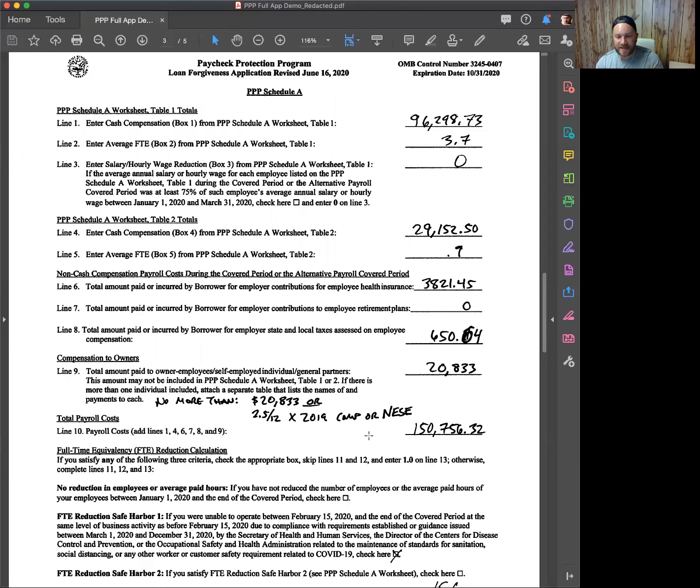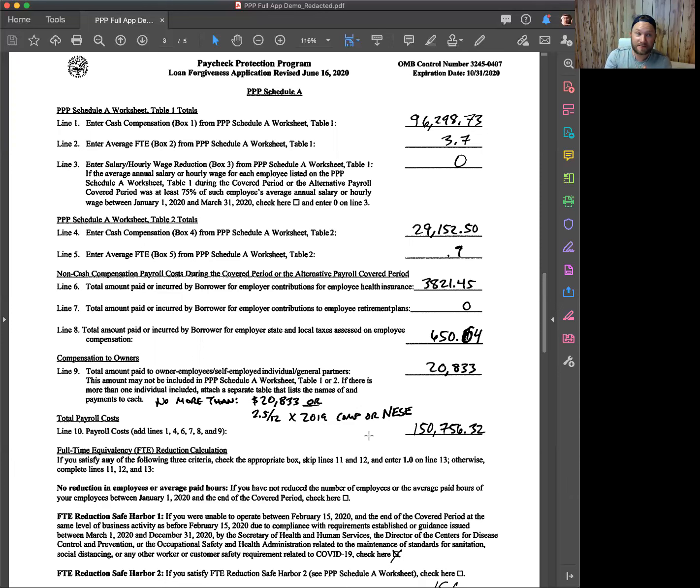So what they're saying is, you as the owner of the business cannot claim on this line more than the lesser of either 20,833 or 2.5 months divided by 12, that percentage of your 2019 compensation, or if you are self-employed, right, your net earnings from self-employment.